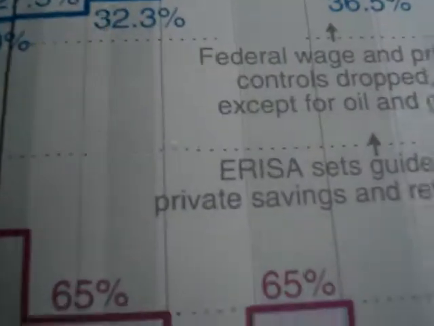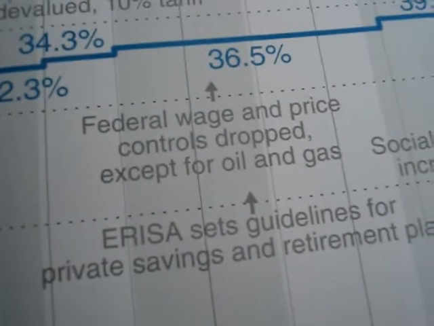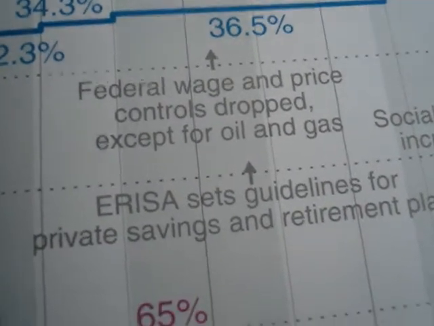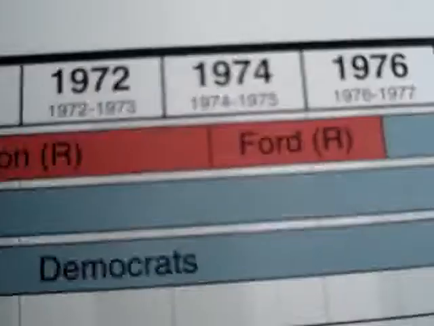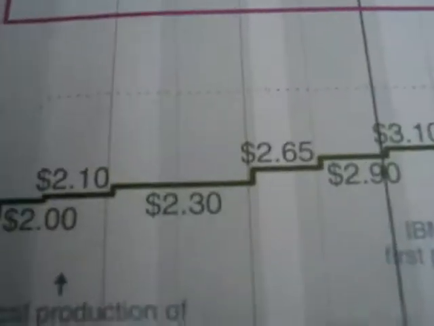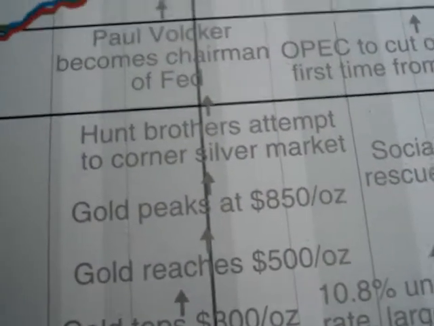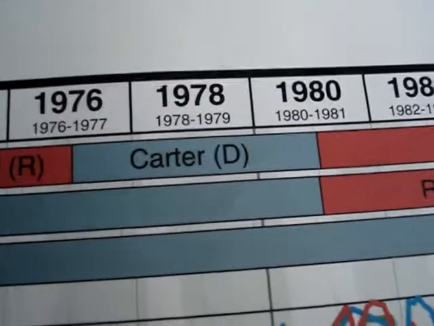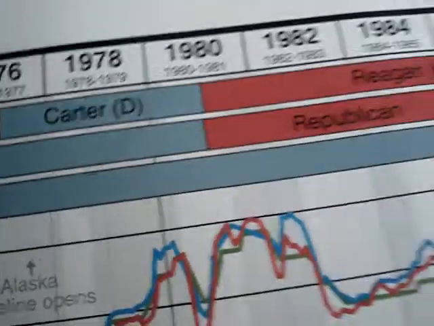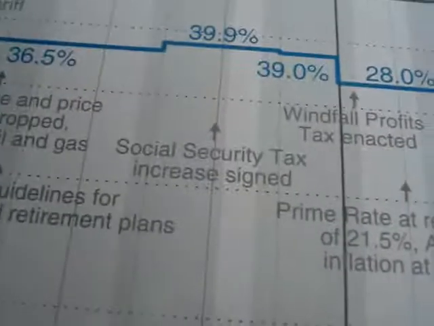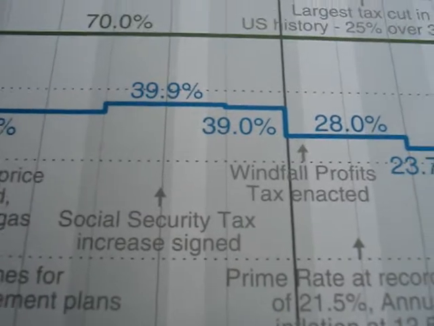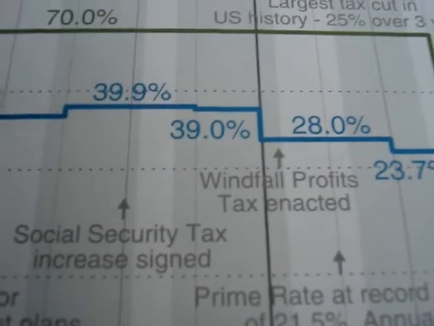Then you can see here, federal rate and price controls dropped except for oil and gas. Back in the days of Nixon, old Tricky Dick. You can see here, back there, gold peaked, except somewhere during the Carter administration. Didn't take long, did it?